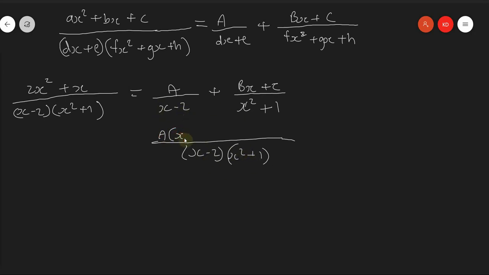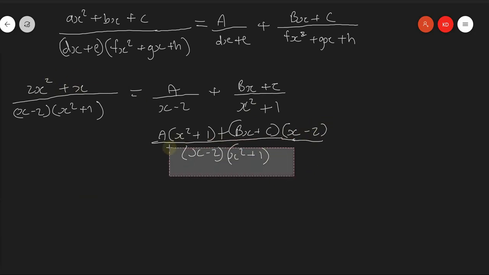So it would be a times x squared plus 1 plus the numerator there multiplied by, let's see now, if we divide the product here by x squared plus 1, then we should get x minus 2, because the x squared plus 1 here would cancel out, leaving us with x minus 2. Good. So now we're going to set the numerator equal to the numerator from the original fraction.